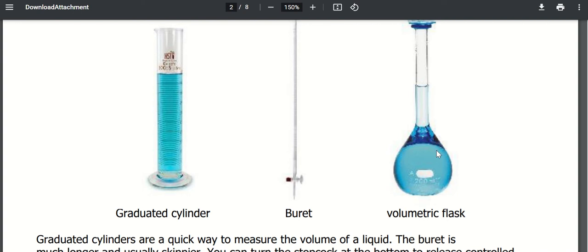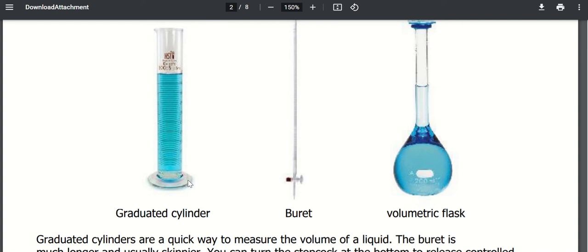Volumetric flasks give a very, very precise certain amount. For example, this right here happens to be a 200 ml volumetric flask. So the very precise volume that it gives is 200 ml. It's not going to give you a precise value of 100 ml or a different volume. A burette, you use it because you can control how much volume is coming out of it, so you can be very precise about how much volume you're adding to something.